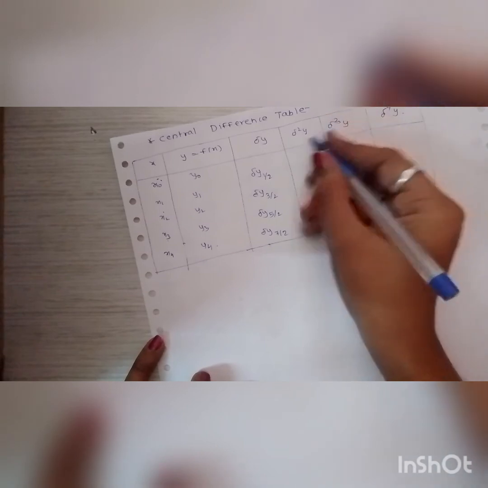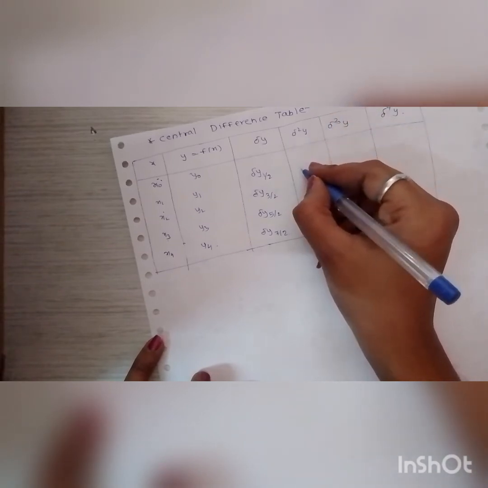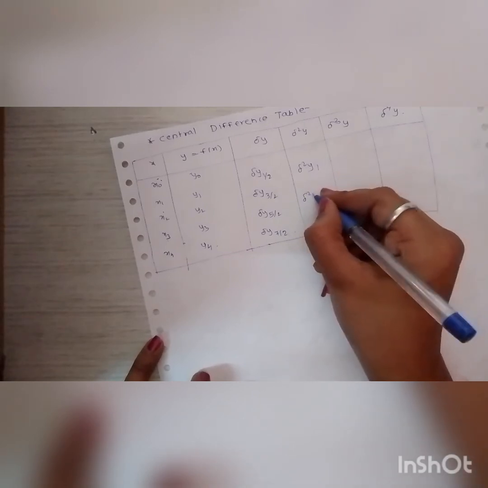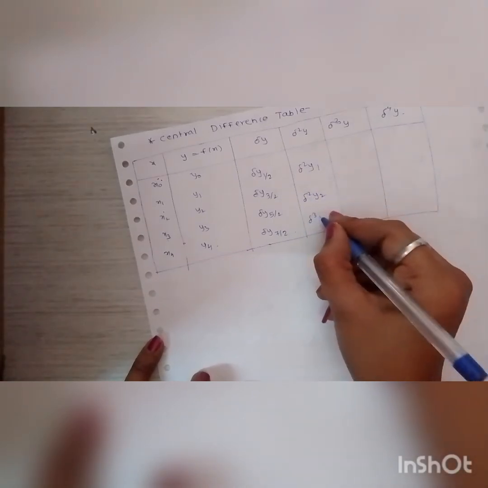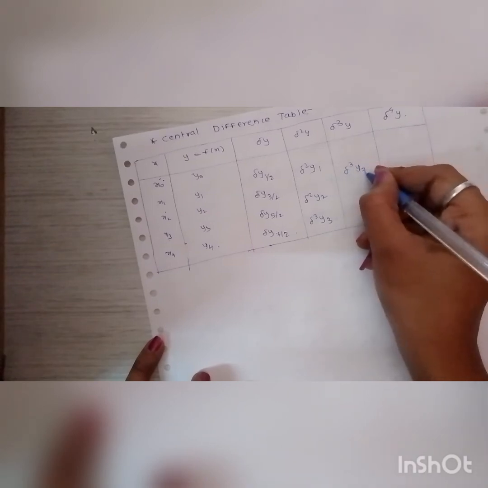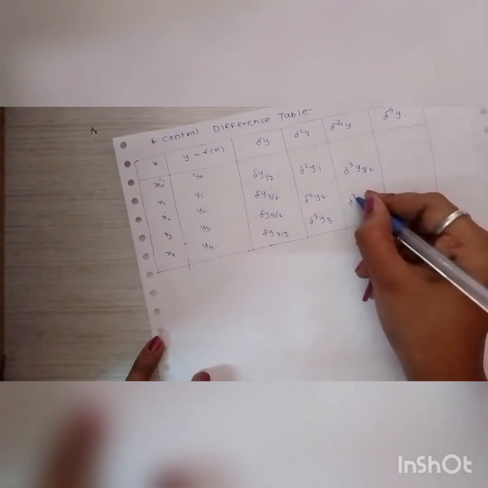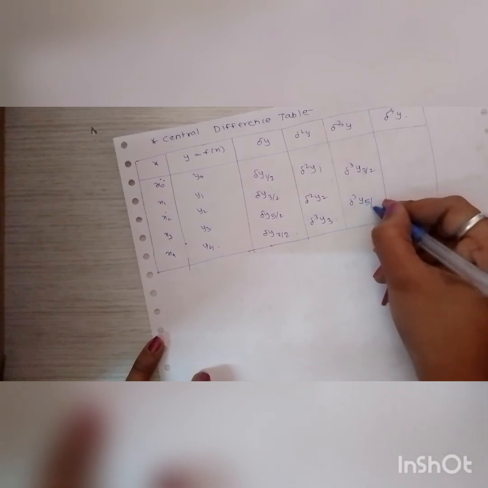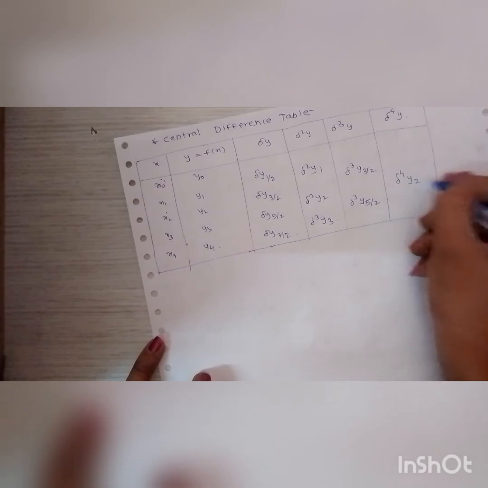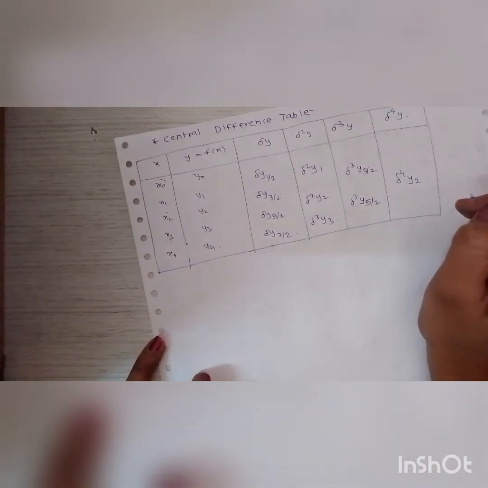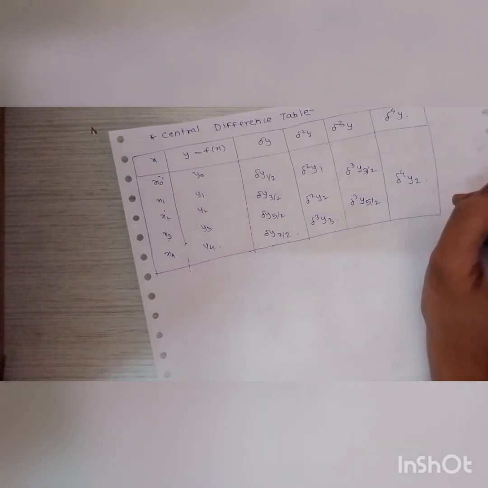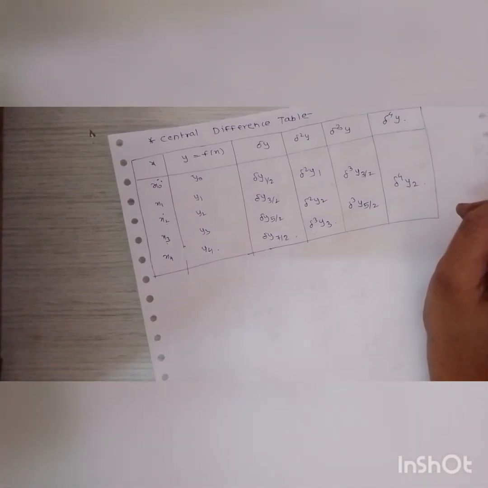Next, del square y is del square y1, del square y2, del square y3, del cube y 3 by 2, del cube y 5 by 2, delta raised to 4 y2. This is the central difference table. We stop here.